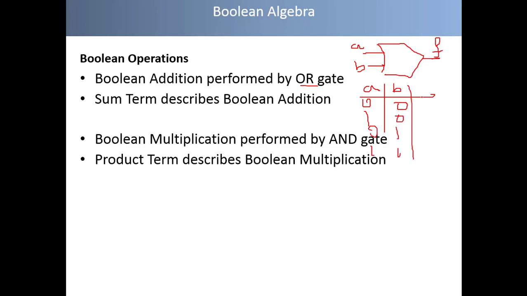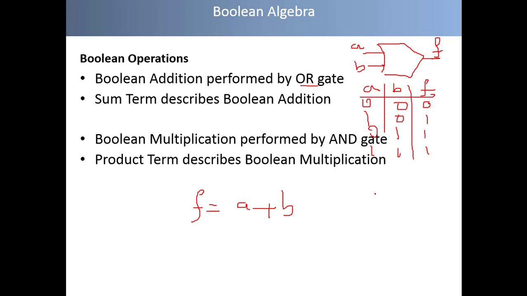In all cases we can say that f is equal to 1 when any one of the inputs is 1, and f is equal to 0 when all the inputs are 0. So we can write f is equal to a plus b.